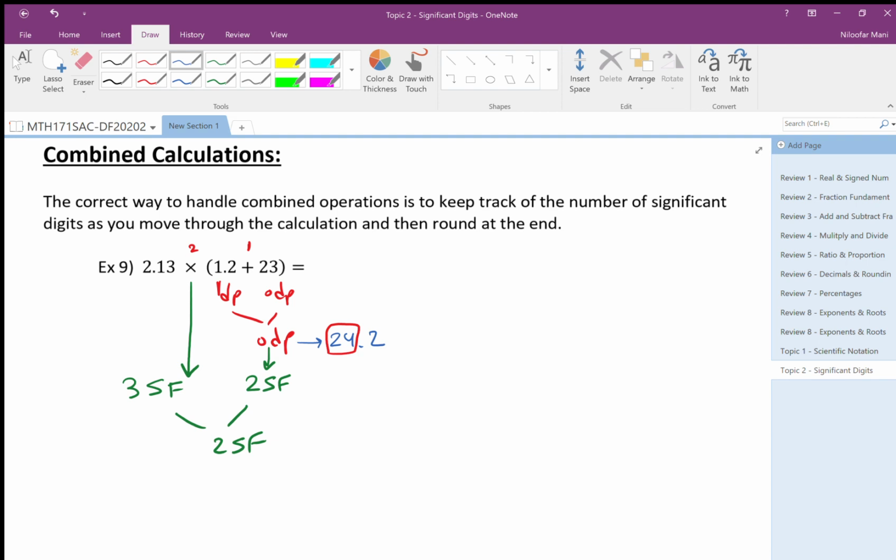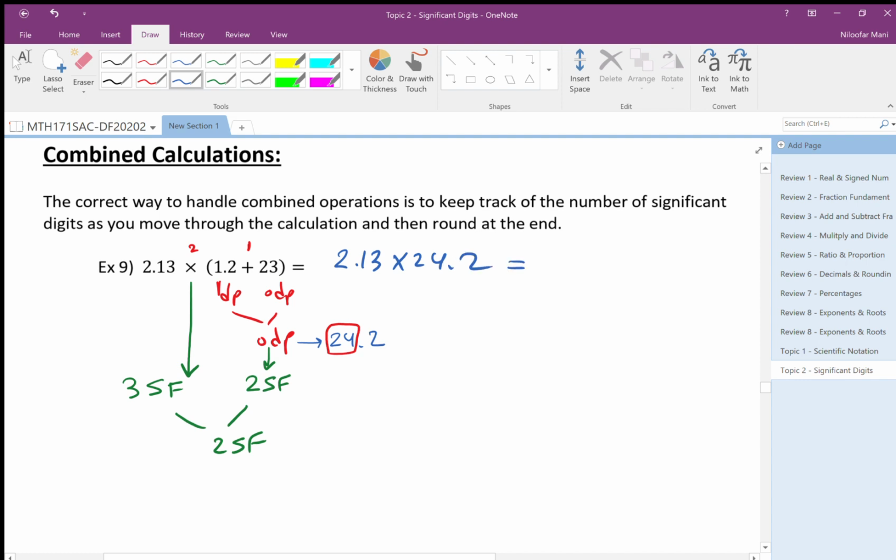But you are just keeping in your mind that if you finish the bracket, you need 0 decimal place. If you have 0 decimal place, how many significant figures do you have? But remember, you are using the same digits. So 2 point this multiplied by 24.2. You are not rounding.